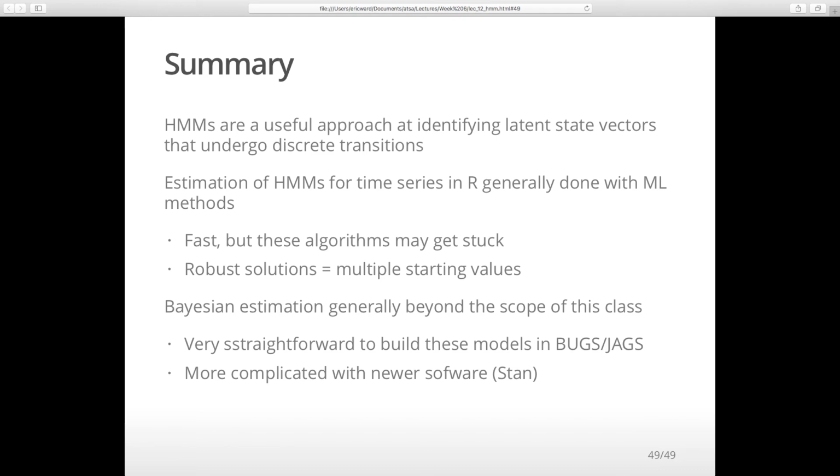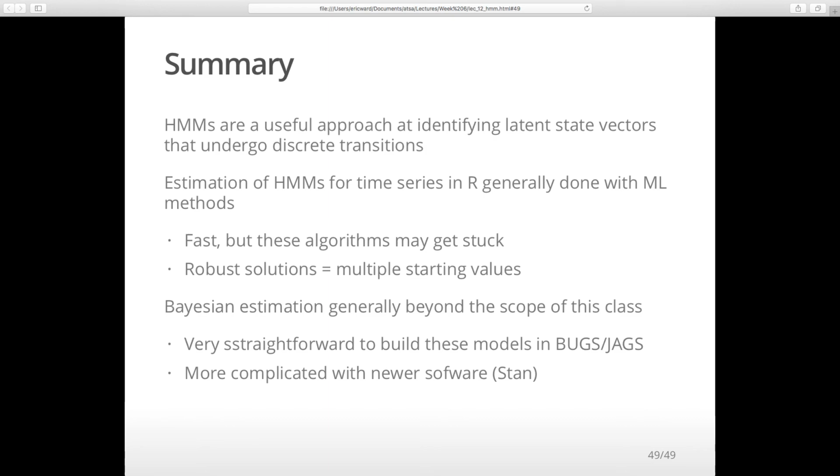Okay, so before we move on to lab, just to summarize, HMMs are a pretty useful approach for identifying latent state vectors where the latent states are these discrete classes, and at the same time we can estimate the discrete transitions between these different classes. In the applications that we're working with for this class, many of the applications, especially those in R, are done with maximum likelihood methods.